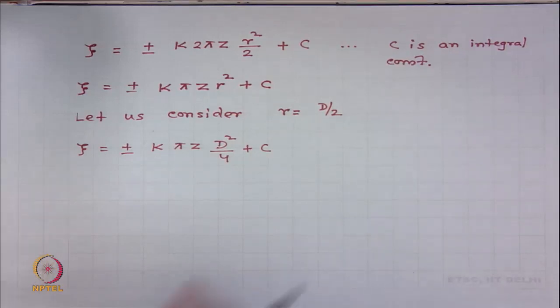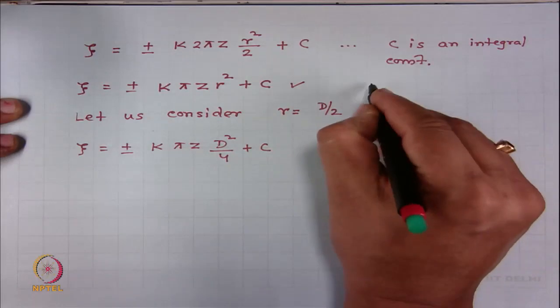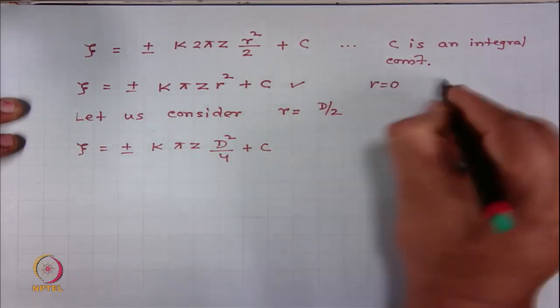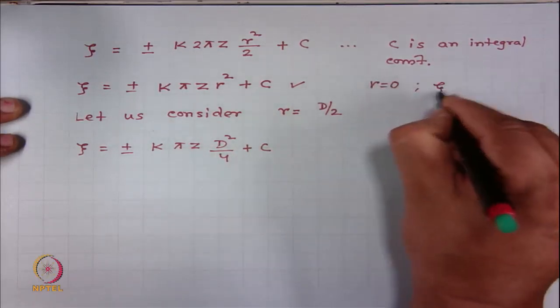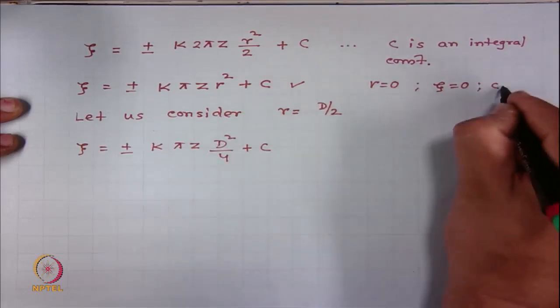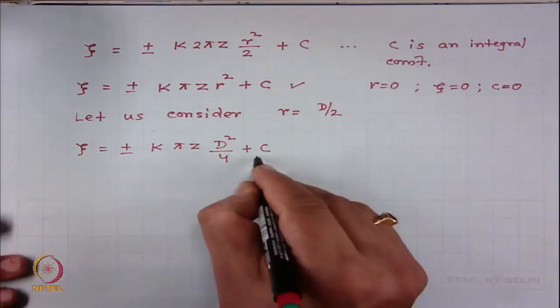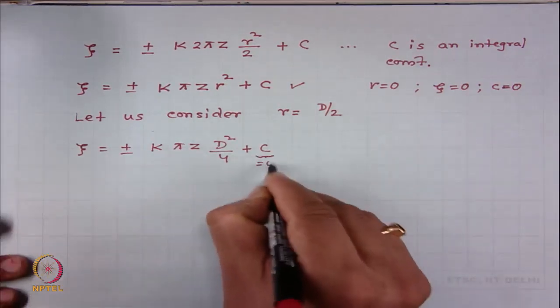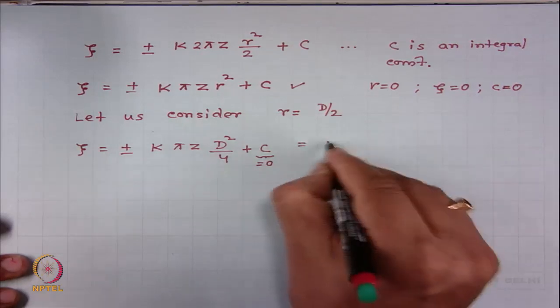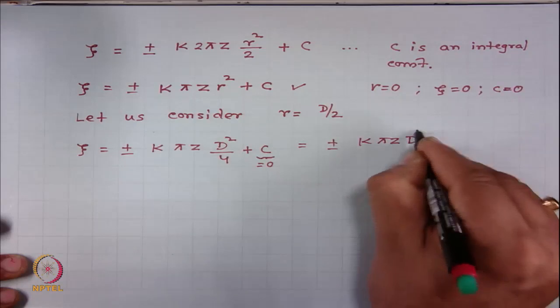Now, look at this equation. When r is equal to 0, this must be equal to 0. So, c is equal to 0. So, what we find is that zeta is plus minus k times pi z d square by 4.